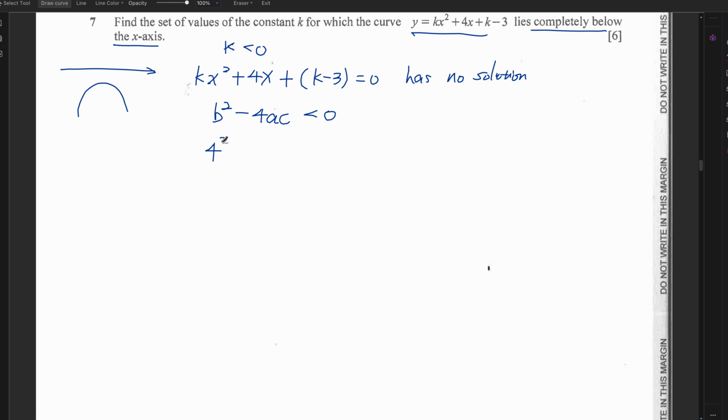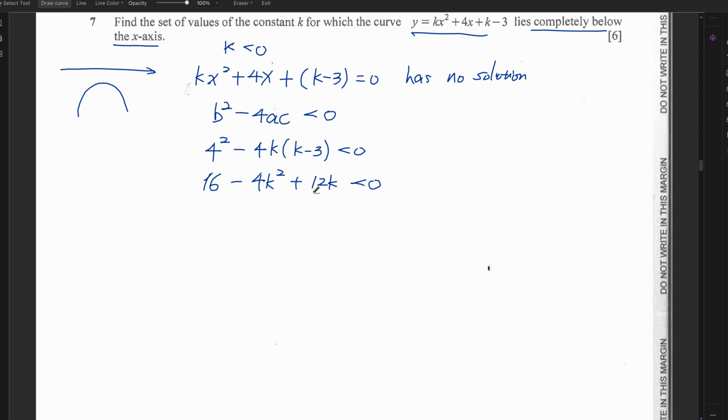My b is 4, my a is k, my c is k minus 3, smaller than 0. Further simplify, 16 minus 4k squared plus 12k, smaller than 0.